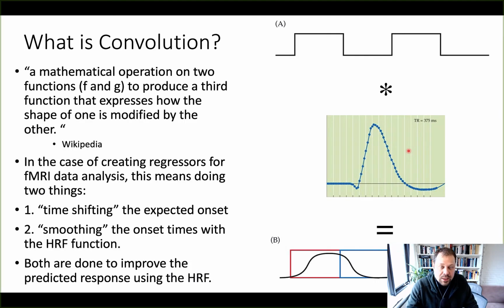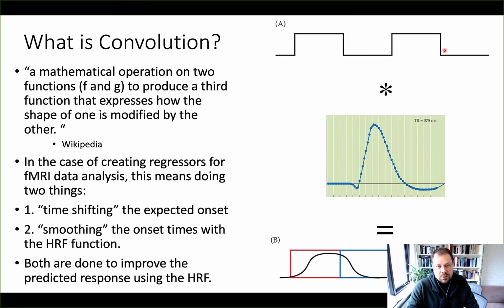So to get a predicted response based on the experiment, we take the information about the experiment that I mentioned earlier, so these boxcar functions that identify the onset and offset times of our task. We convolve it with the HRF to get this predicted time series here. What is convolution, you might ask? Well, convolution is simply a mathematical operation on two functions. So we have function f here and function g here, right?